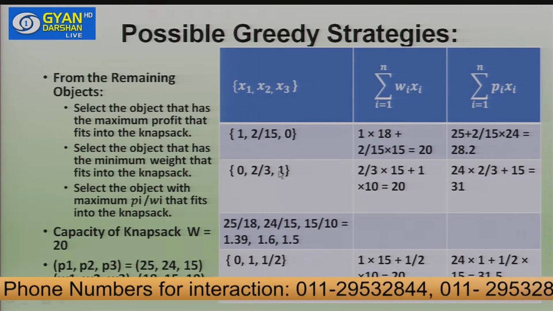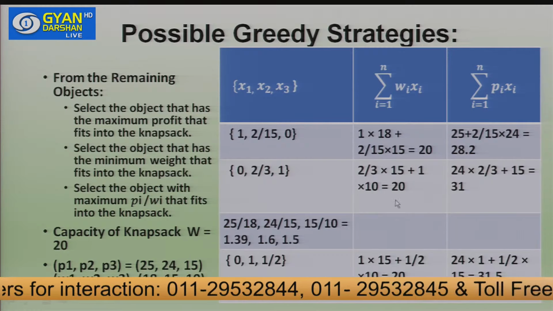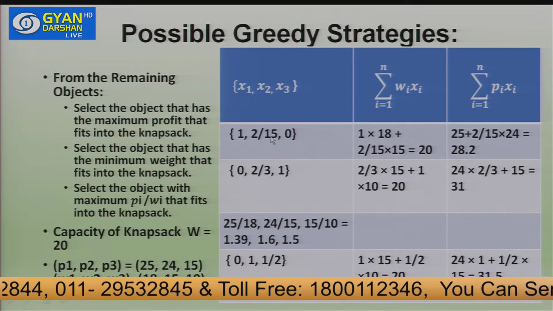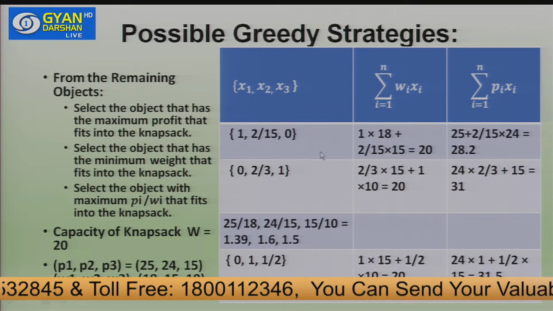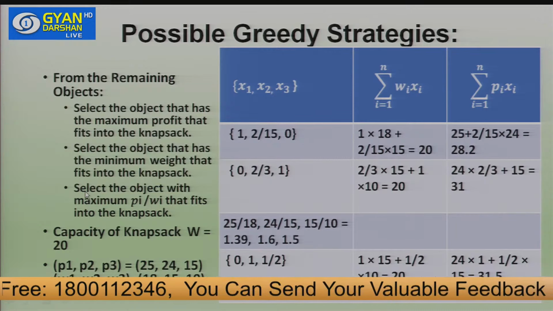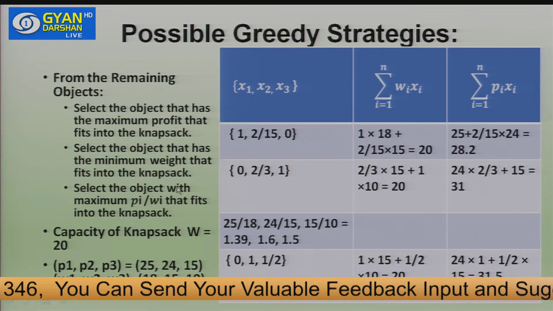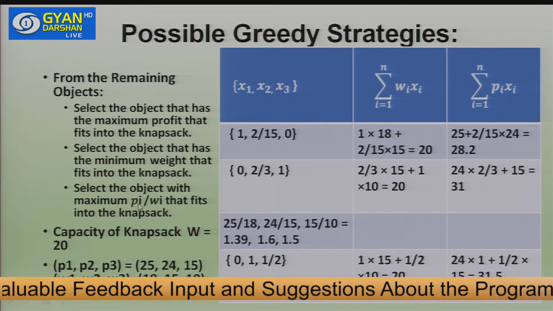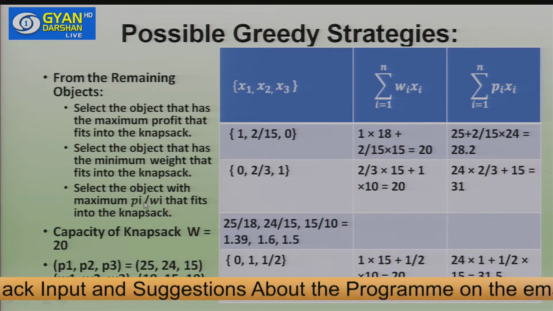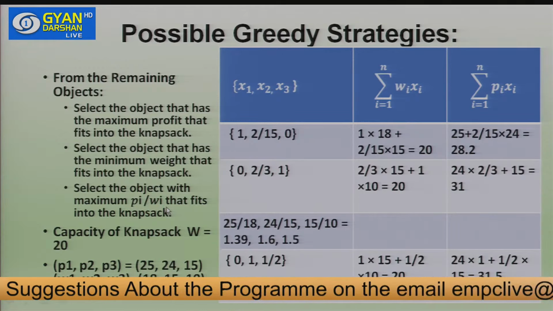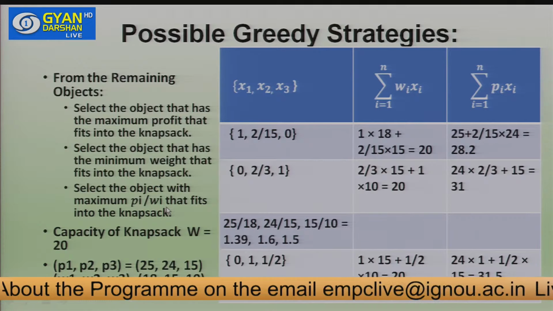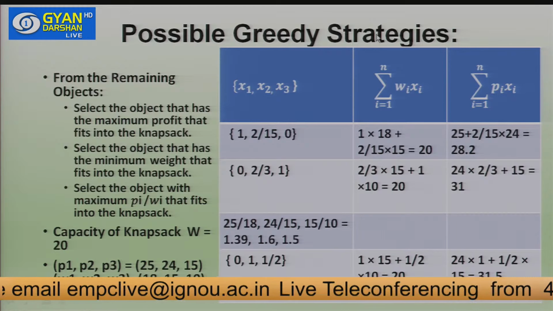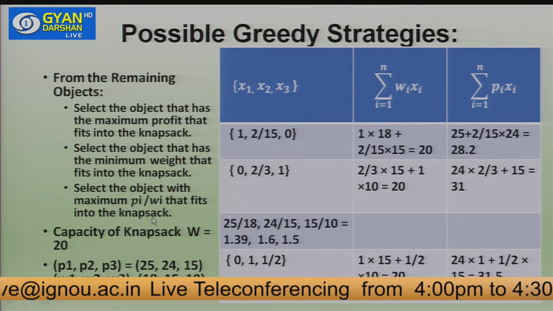Though the result in this case is turning out to be better, both of them may not be the right kind of strategies to solve the knapsack problem. In fact, the third strategy is to select the object with maximum Pi upon Wi, which is basically the profit per unit weight. This seems to be the most logical greedy strategy that fits into the knapsack.